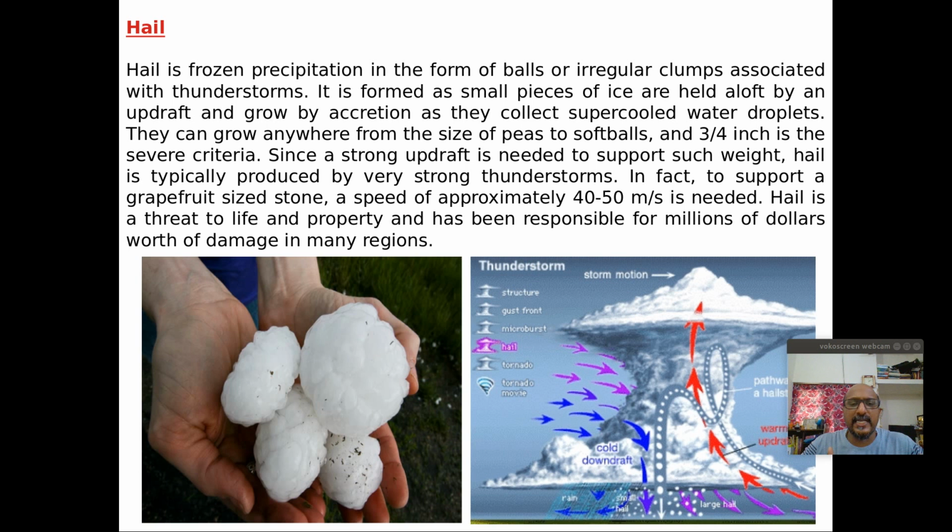Finally, when they overcome the updraft, they come down as ice. So that is known as hail.